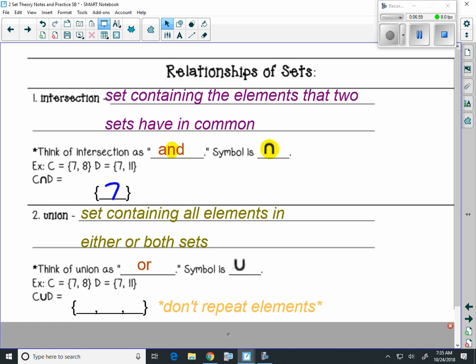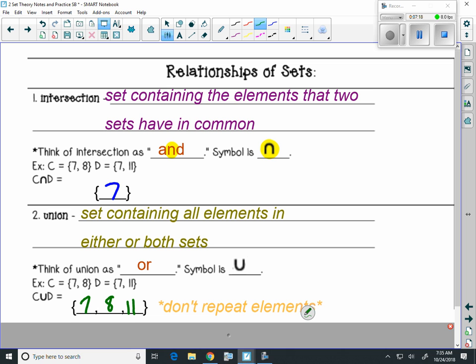All right. So for the union, okay, the union is where you take both and you put them together, but you don't repeat anything. So since both C and D have 7, we only write 7 one time. We write it one time, and then we'll take 8 and 11. So we basically take both, put them together.